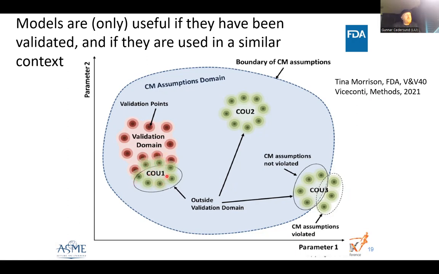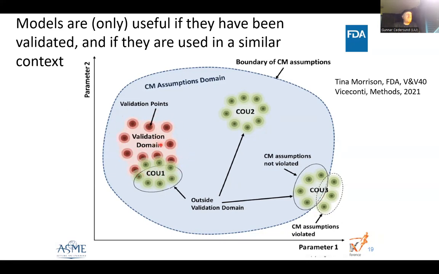But if you want to use it over here, then maybe you're a little bit outside of the validation domain. And if you are over here, then you're maybe even outside of where the model is valid, because it's violating some fundamental assumptions in the model. So it's not like you validate the model and then it's true for any application. It really depends on the place that you want to use the model.